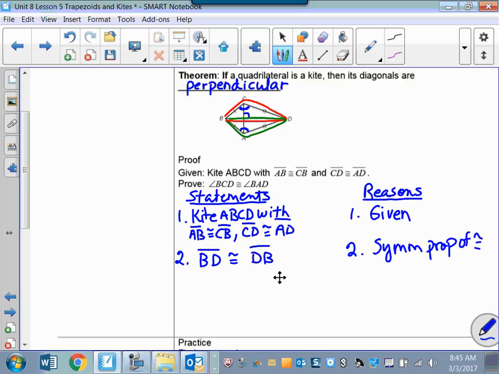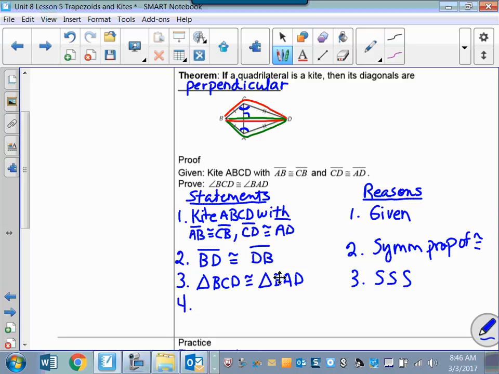And now I've got my triangles. Triangle BCD is congruent to triangle BAD, and that's by side, side, side congruence.